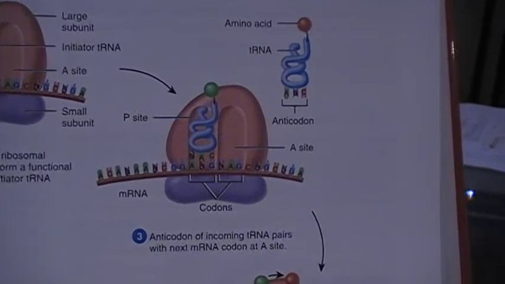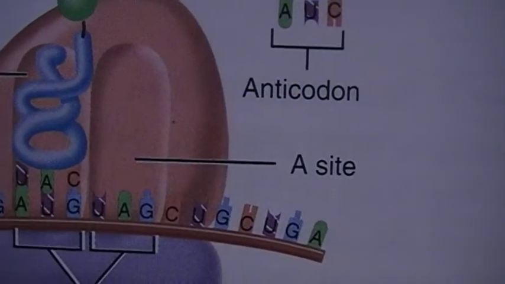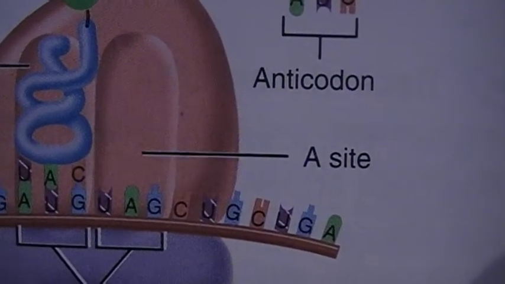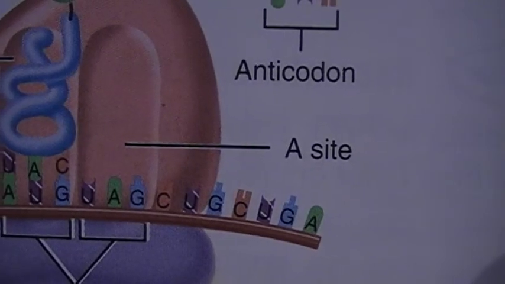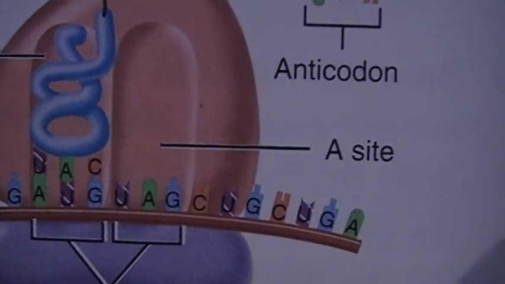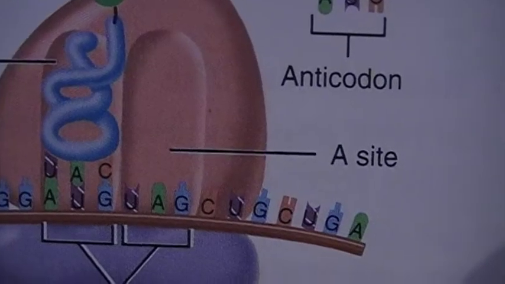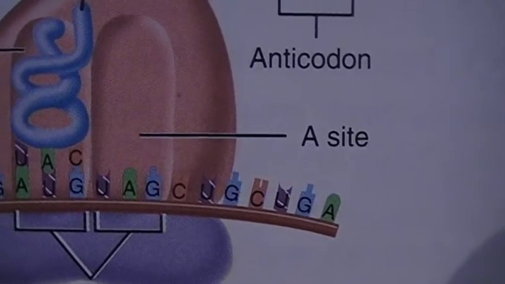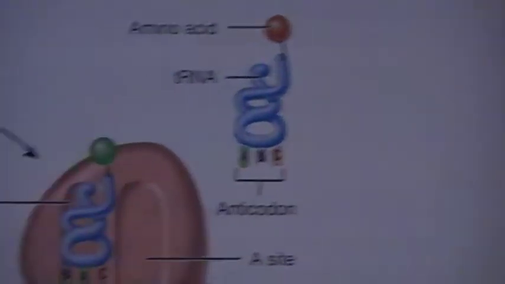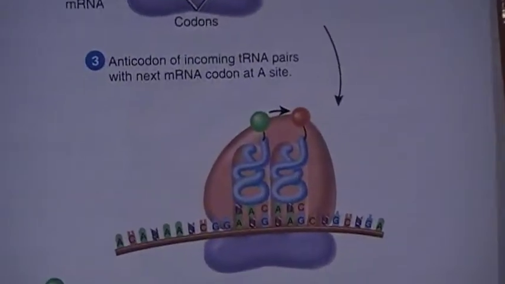So the anticodon here is AUC. You can see here, that's because the opposite of U is A, the opposite of U is A again for the next one, and the opposite of C is G. So that will move to there.